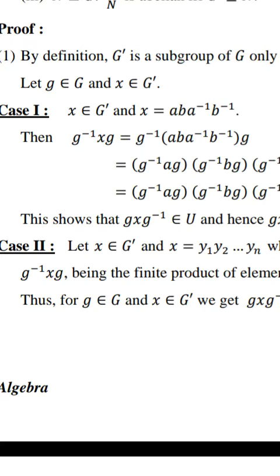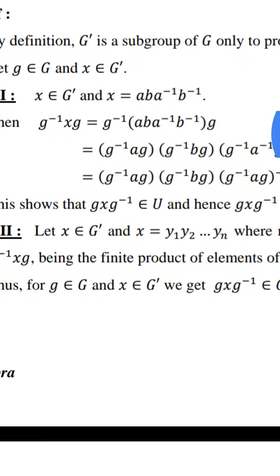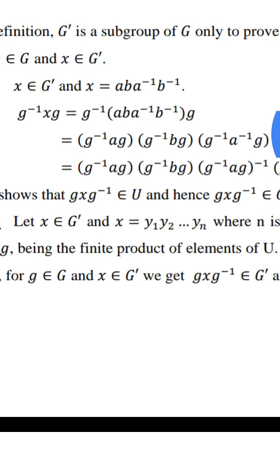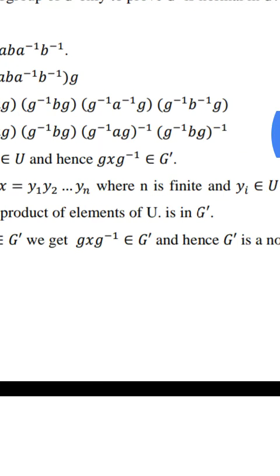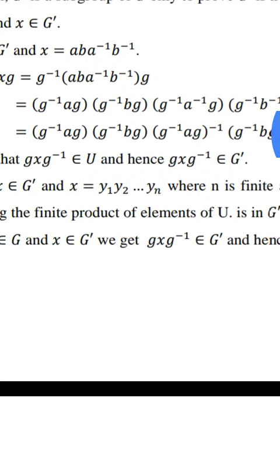Case first, x belongs to G dash, therefore x is equal to aba inverse b inverse. Then g inverse x g is equal to g inverse aba inverse b inverse g, which is equal to g inverse ag, g inverse bg, g inverse a inverse g, g inverse b inverse g.